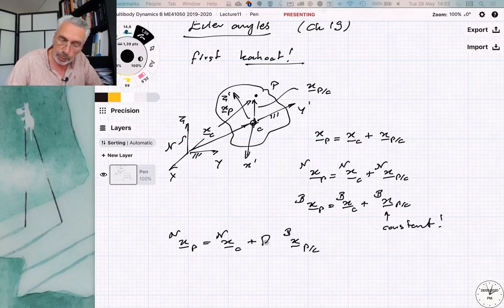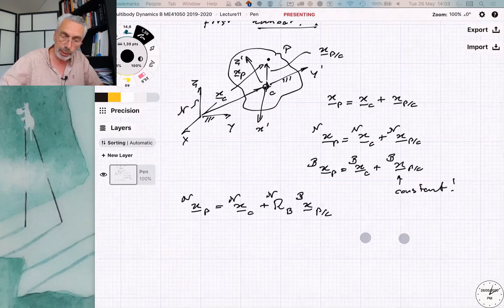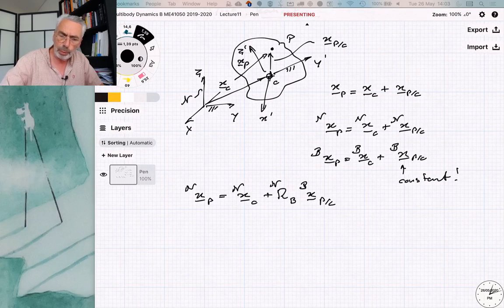In general, we write that as a rotation matrix, which goes from the body fixed frame to the inertial frame. That is the way to go. That is how we did the orientation, right? And sometimes we put primes here to indicate that the components are in this system, but it's not really necessary.